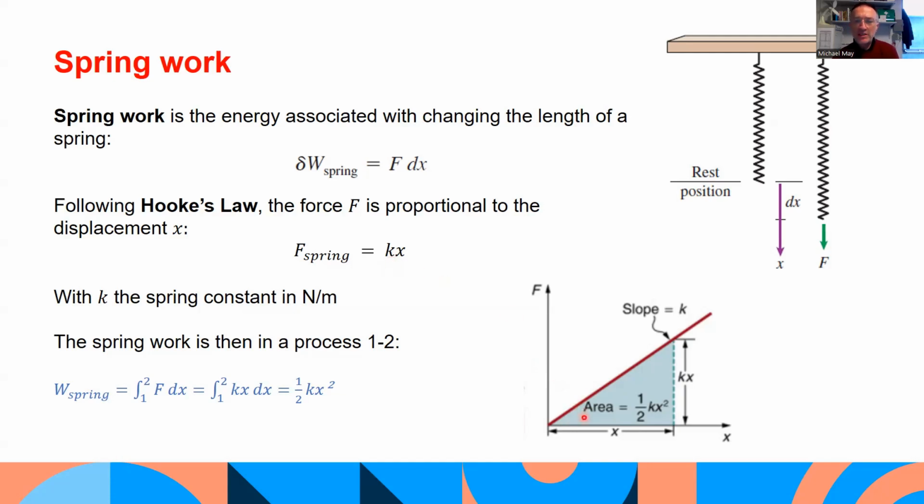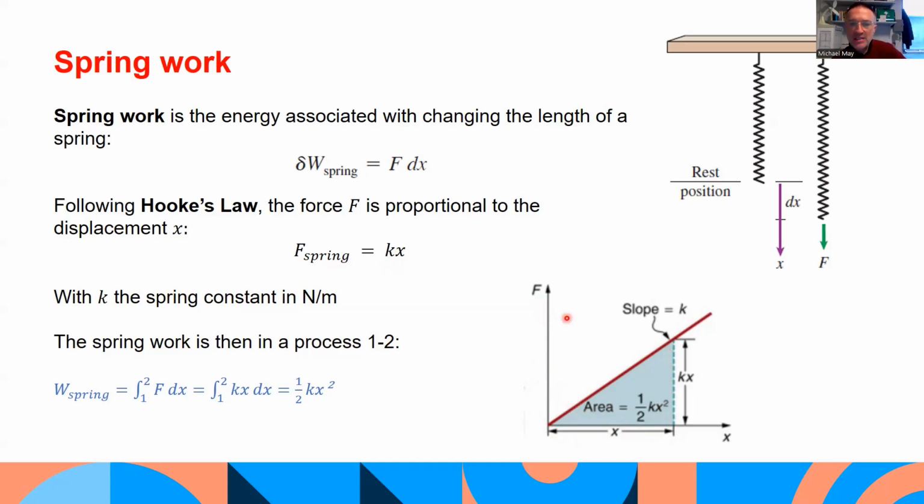Now, if we were to plot force against displacement for a linear spring, we would get a straight line plot like this. And the slope of that line is the spring constant k. And the area under this line during that extension is the work done during the extension of that spring.